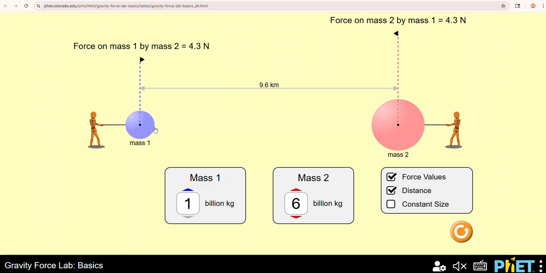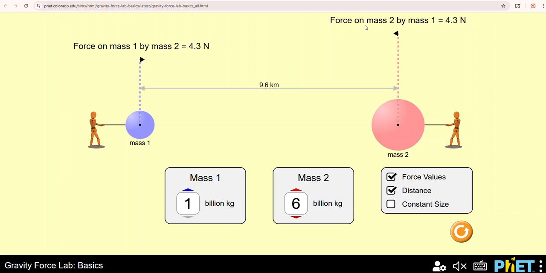So for example, when these two masses of 1 billion kilograms and 6 billion kilograms are at a distance of 9.6 kilometers, the force on mass 1 due to the gravitational force of mass number 2 will be 4.3 newtons.